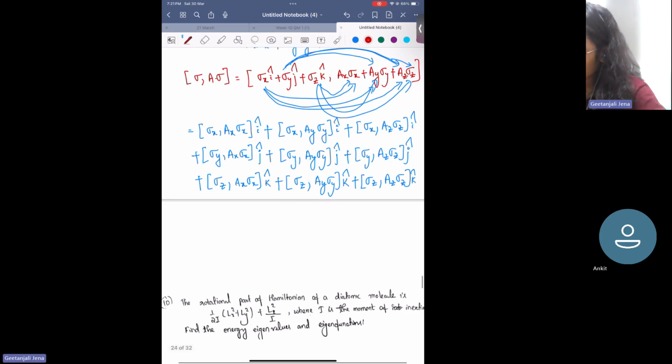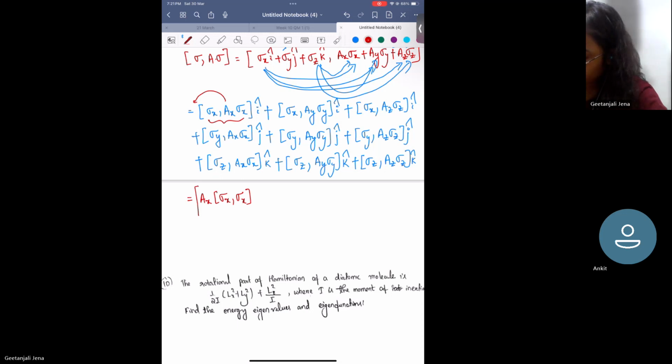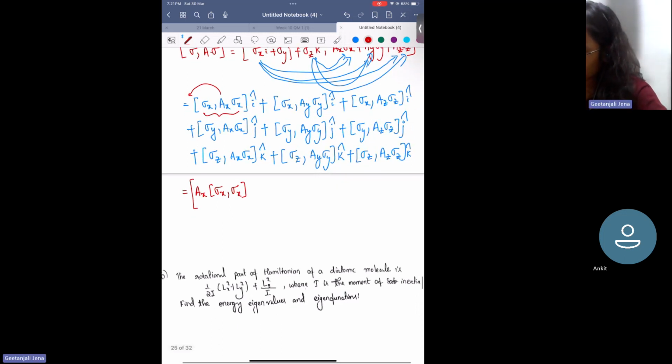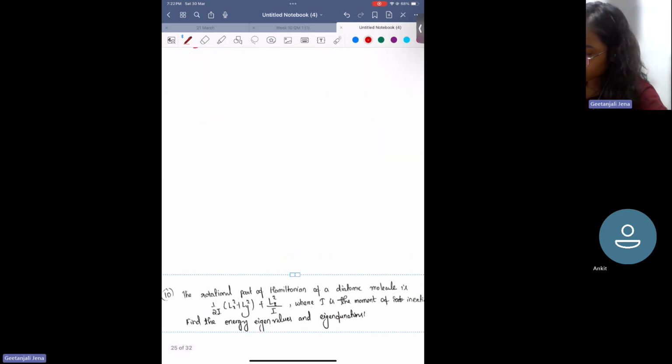Now, if you see, A and sigma are compatible with each other, so that means you can take A out from this. So this will be Ax sigma x sigma x. Let me compile all the terms which have the i component, the component along the x direction.